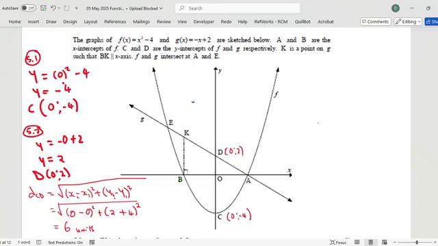I think on the F graph, sir. Okay, it is on the F graph. If you check, that is the F graph there, so we're looking for the x-intercept on the F graph.